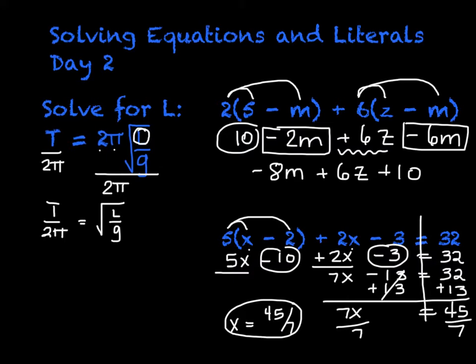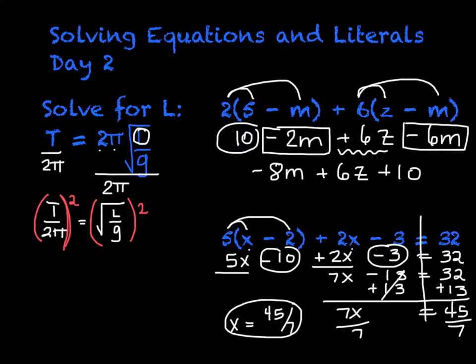The problem I now have is that L is stuck underneath this square root. To get rid of a square root, we are going to square both sides. And if you remember, the square, if it's attached to this parenthesis, will go to each individual factor inside.